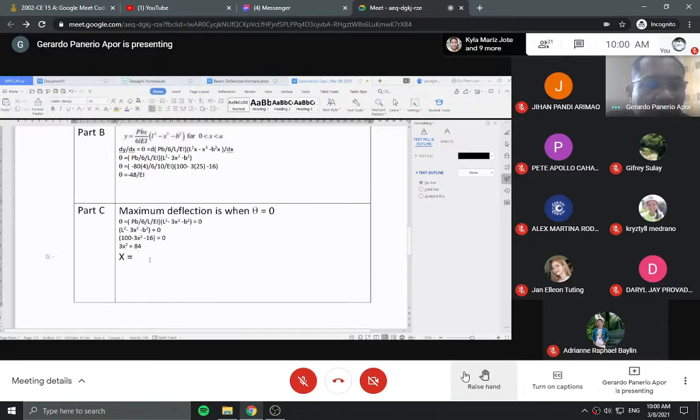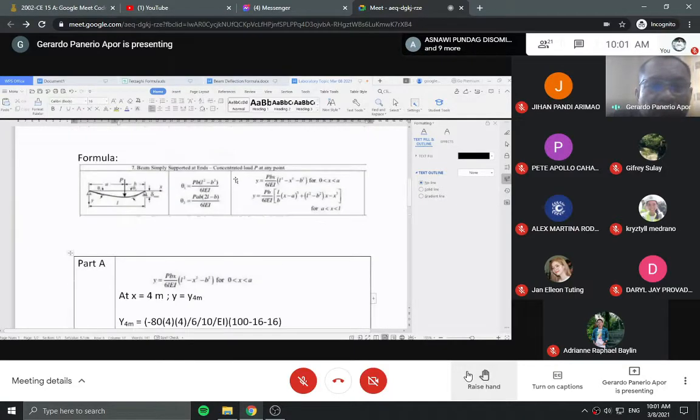That's 5.291502622 meters, the point where the maximum deflection occurs.